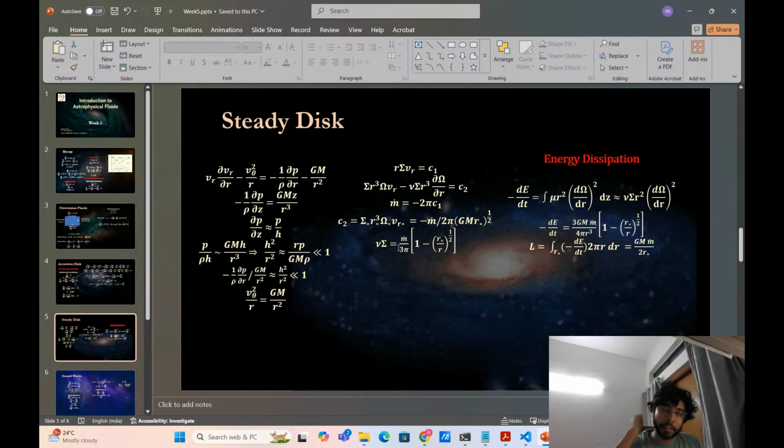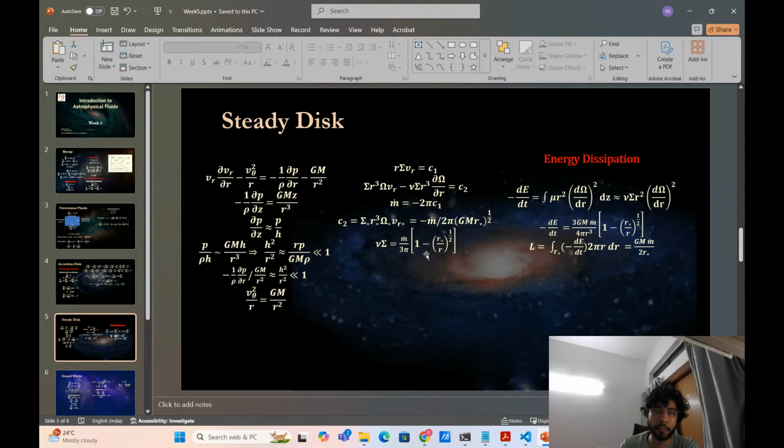So basically, what it says is that if you have a higher mass accretion rate, so by higher mass accretion rate, I mean that if there is more flux of matter falling into the black hole or the accretion disk, you would require a larger viscosity, right, to transport that matter. So basically, it says that viscosity is directly proportional to the m dot. Right? So the more the flux of matter, the more the viscosity.